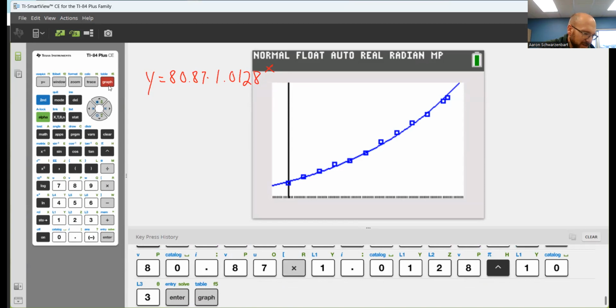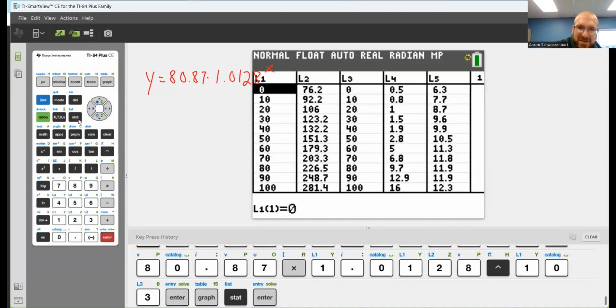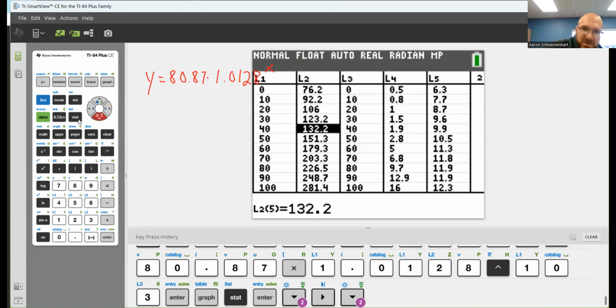Oh, in the book, they kept another decimal place. I wonder if I have a data entry error here because I did not get the same number that they did. Let's look at my data: 92.2, 106, 123.2, 132.2.